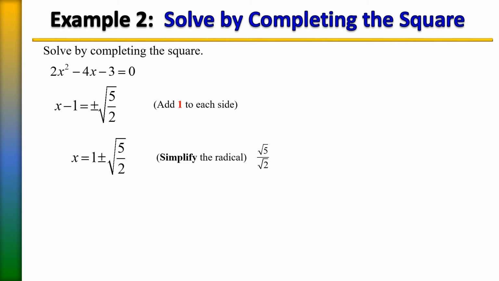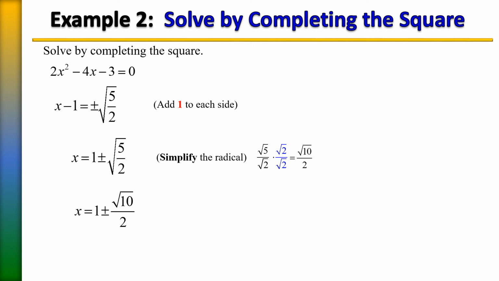Remember that if we multiply the bottom of the fraction times the square root of 2, we have to multiply the top as well. So in our numerator, I'm going to have square root of 5 times square root of 2, which is square root of 10. And at the bottom, it equals 2 because square root of 4 equals 2. So now we've simplified it. X equals 1 plus or minus square root of 10 over 2. And actually that answer should be good enough.